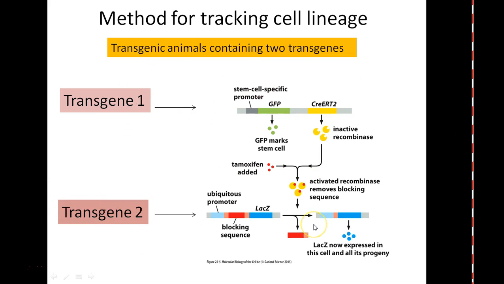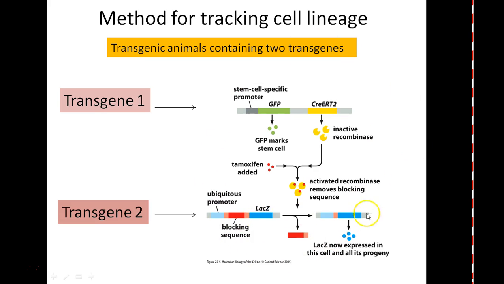And the second transgene is created by this reporter called LacZ, and this gene creates a blue pigment, but here they insert a blocking sequence, and this gene is driven by the ubiquitous promoter. The ubiquitous promoter is active in every cell, but this blocking sequence prevents this blue dye formation.